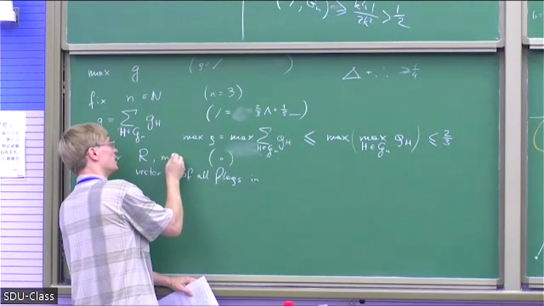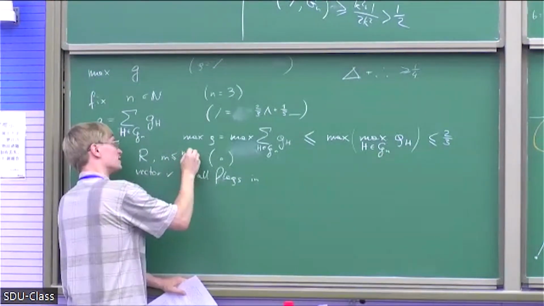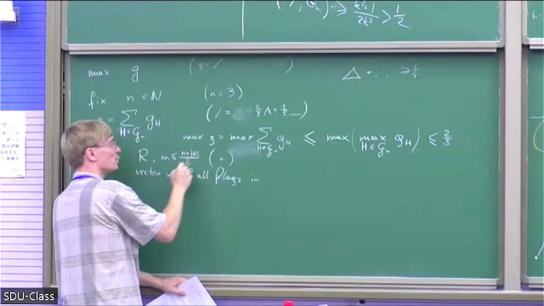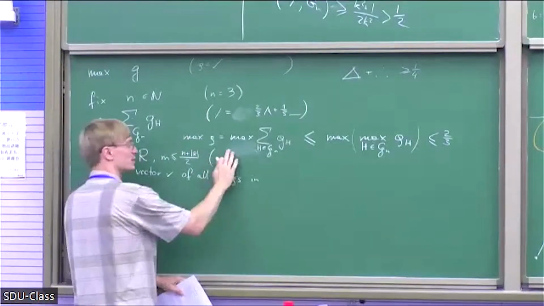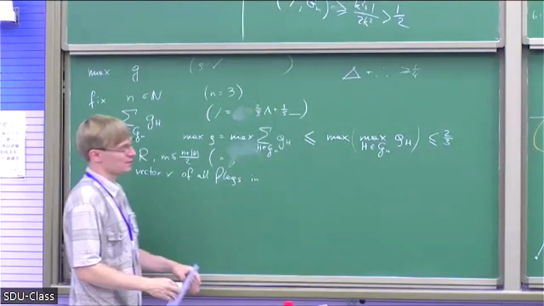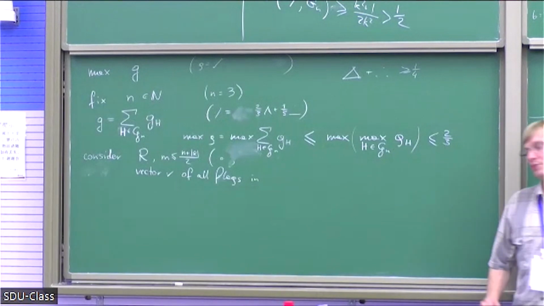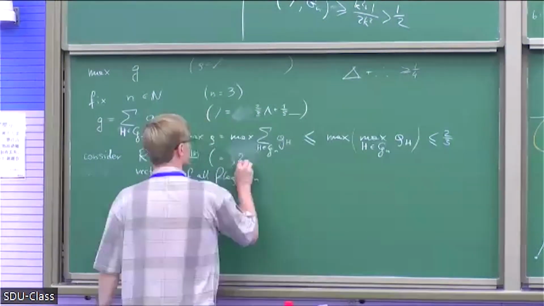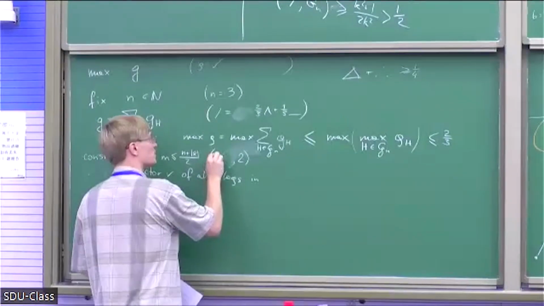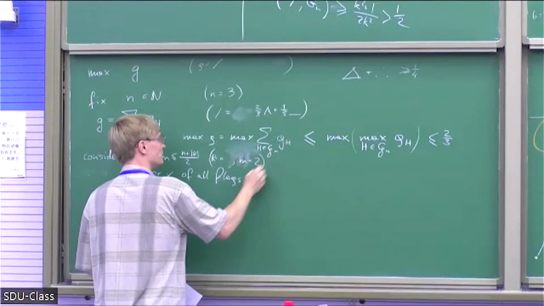Let me write it: I take size m, which is at most n plus size of r over 2. I will explain later why exactly this. In my case, I consider flags of size 2, so m is 2.